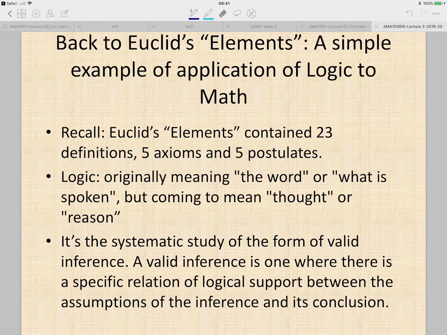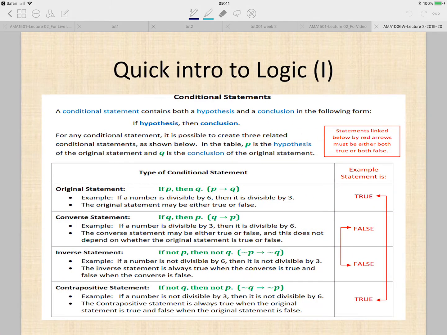Logic gates, logic in algorithms, math is all basically just logic. Even law is an application of logic to laws. So just some introduction to logic. It could be a whole course on logic, actually.